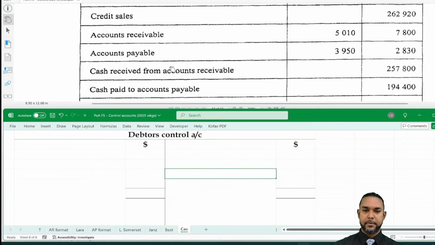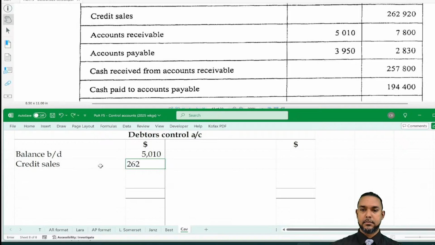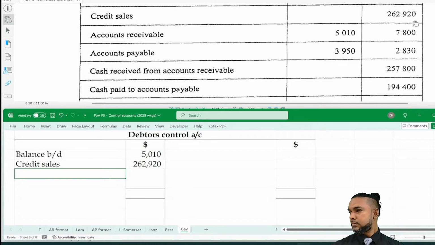So the opening balance was 5,010. Closing, but we'll come back to that, right? Credit sales. That was on this side. Cash received from accounts receivable, right?